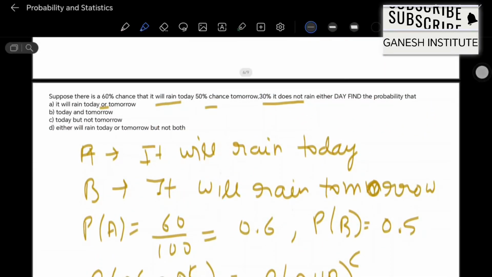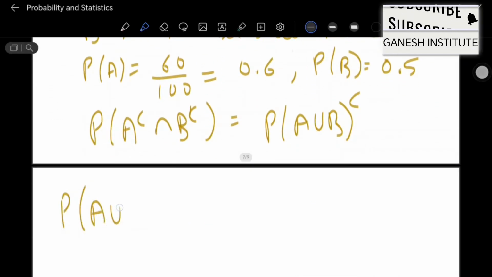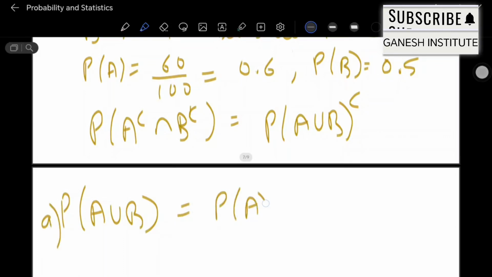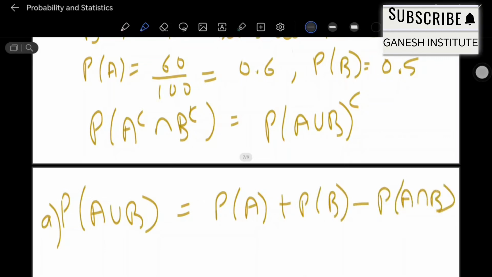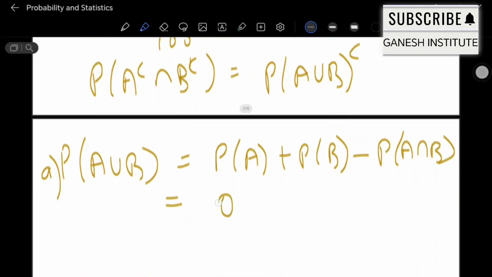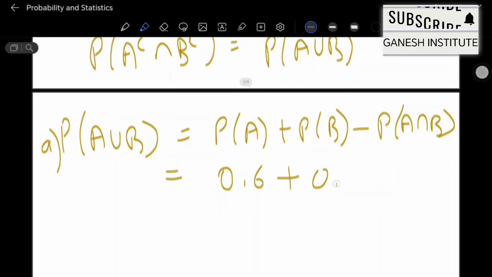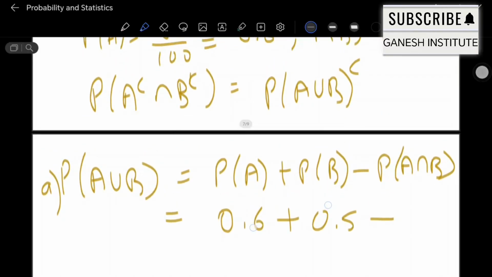First part is we need to find out if it will rain today or tomorrow. Or means union, right? This is the first thing which you have to find. So that means P(A) plus P(B) minus P(A intersection B). P(A) is 0.6, P(B) is 0.5, and P(A intersection B) is what?